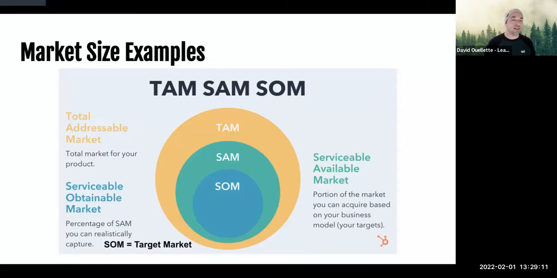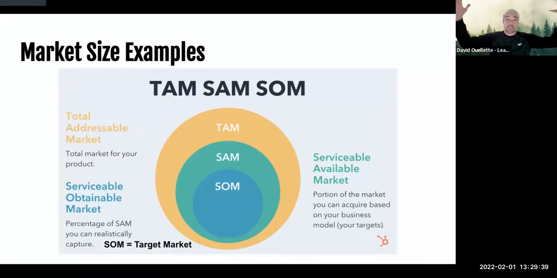So that's when you see a number like, this industry is worth $700 billion and expected to grow 24 billion year over year. That's usually the total addressable market. That's including all your competitors and every type of product or service that could exist. That's what we're talking about when we're talking about total market for your product, or total addressable market.